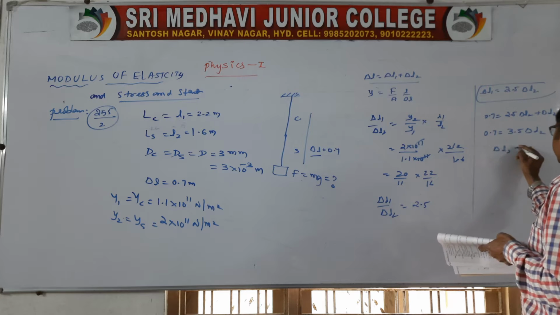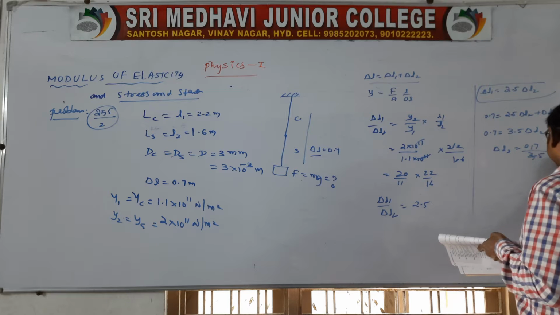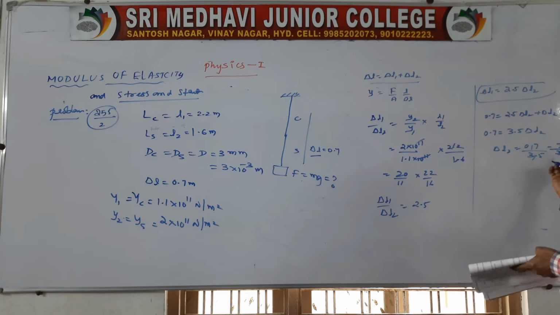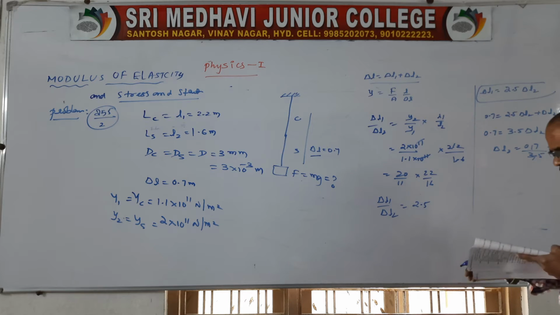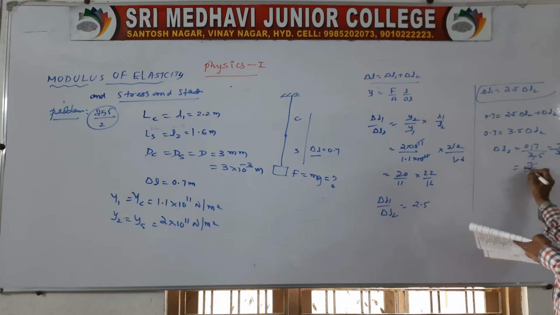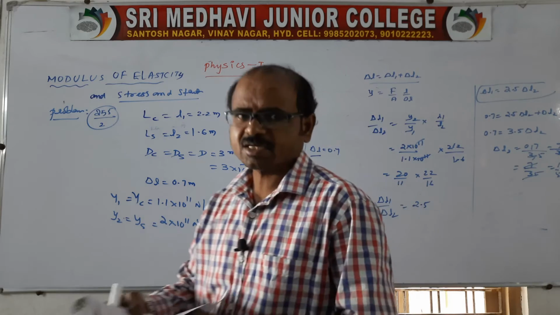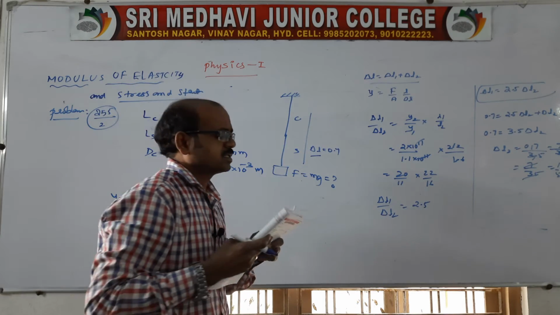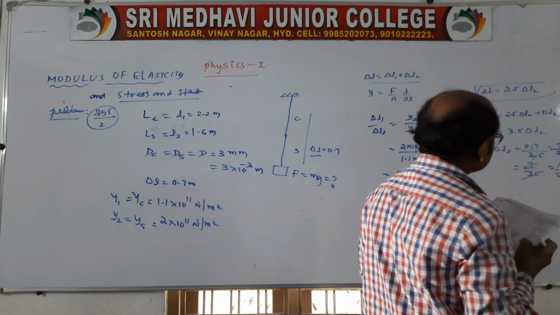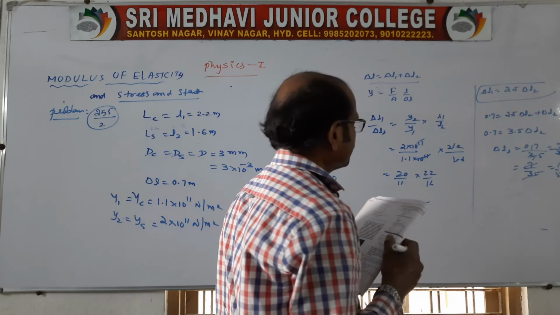So delta L2 is equal to 0.7 by 3.5. Sorry, it is 7 by 35, no? 7 fives are 35. So 1 by 5 is one answer. Approximately delta L2 is equal to this. Given in meters only, no?